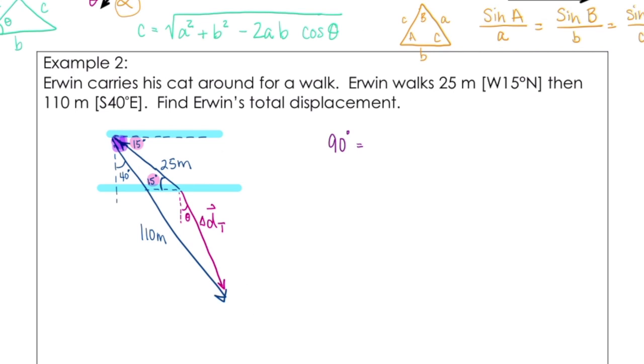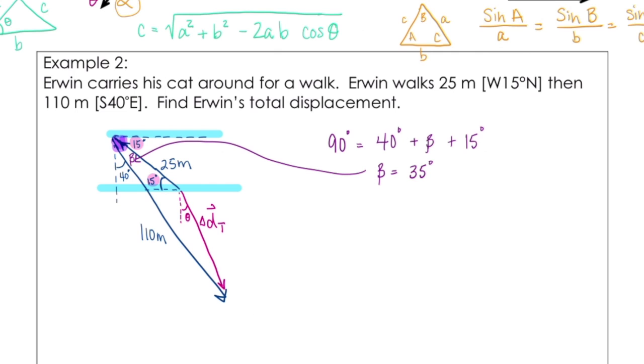So far we have 40 degrees plus our unknown, let's call it beta, plus 15 degrees. We can find that beta is 35 degrees.